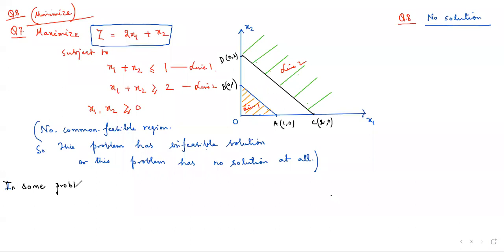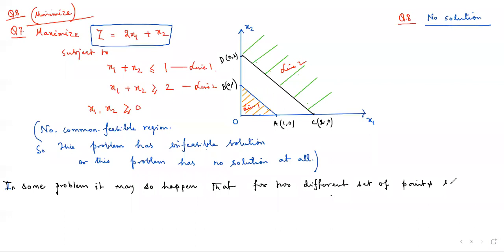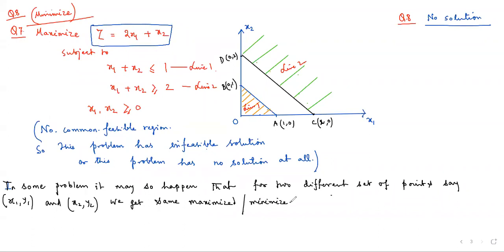In some problem, it may so happen that for two different sets of points, say x1, y1 and x2, y2, we get the same maximized or minimized value of the objective function.